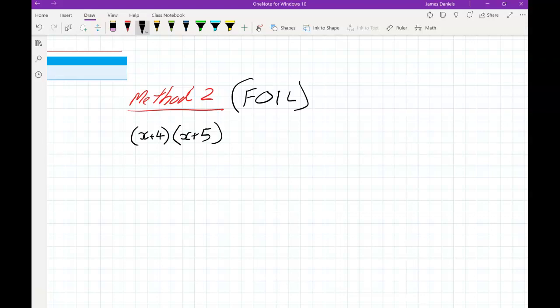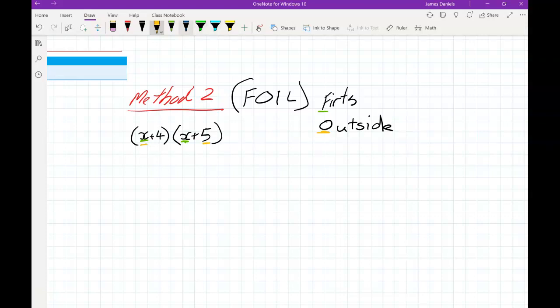So each one of these letters stands for our first terms in both brackets. I'm going to use a few colours here. First, and the first term is this one and this one. Then the O stands for outside. So the two on the outside, which would be this one multiplied by that one.